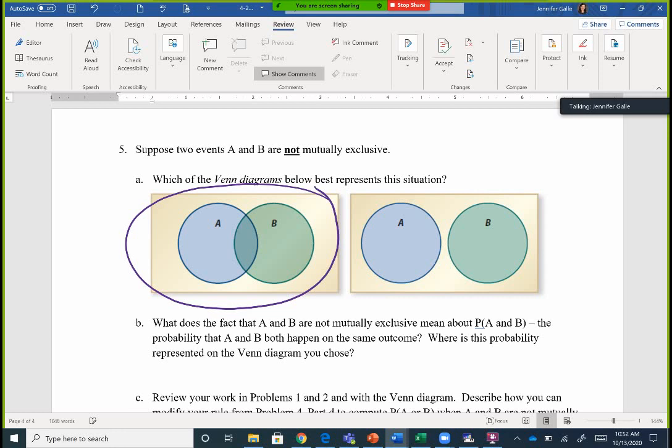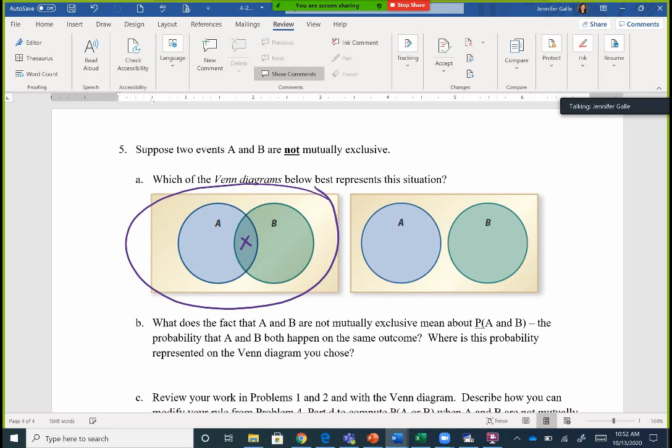It says, what does the fact that A and B are not mutually exclusive mean about the probability that they both can happen on the same outcome? If they're going to both happen at the same time, where's that located on our diagram? It's going to be right in that middle part.